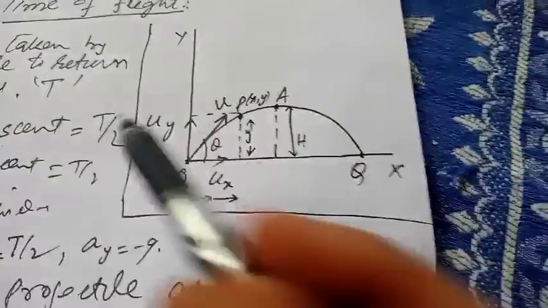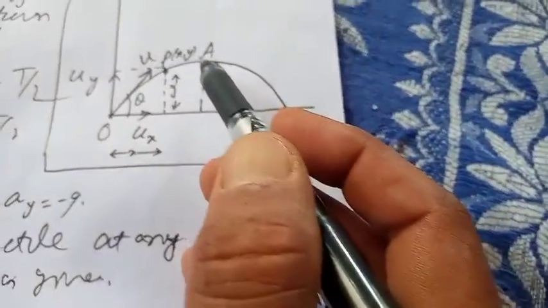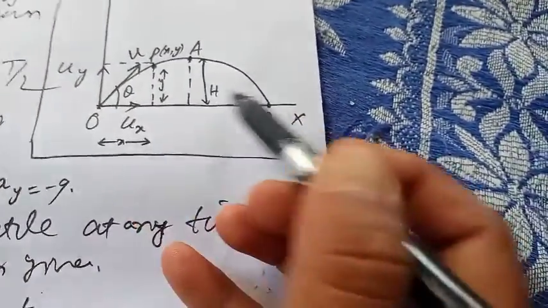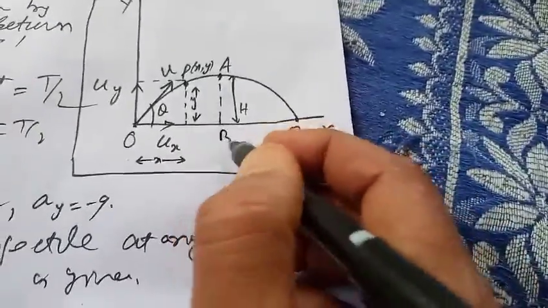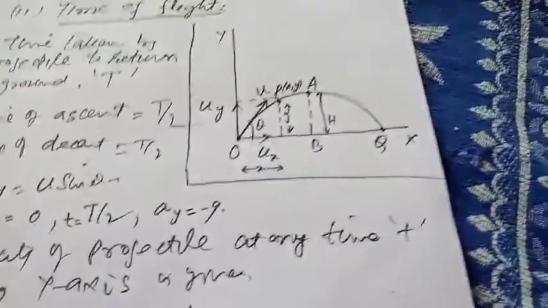Now we will see the maximum height obtained by the projectile. Expression for maximum height. This point A in the diagram, AB, is the maximum height attained by the projectile.